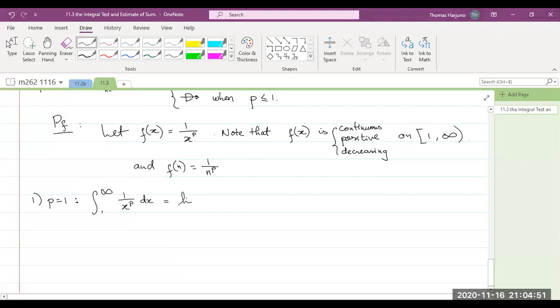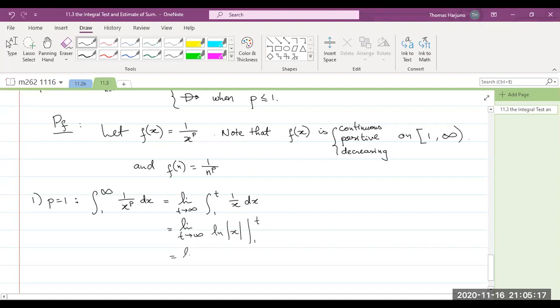This is the limit as t goes to infinity of the integral from 1 to t of 1 over x dx, which is the natural log of x from 1 to t.